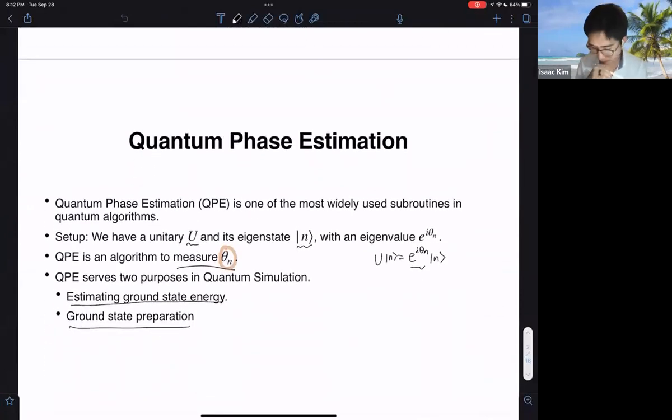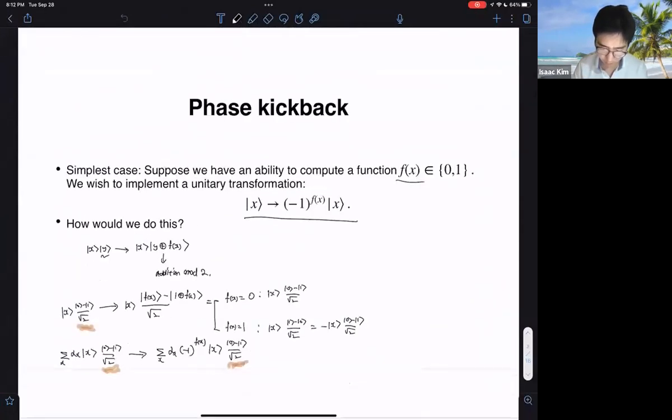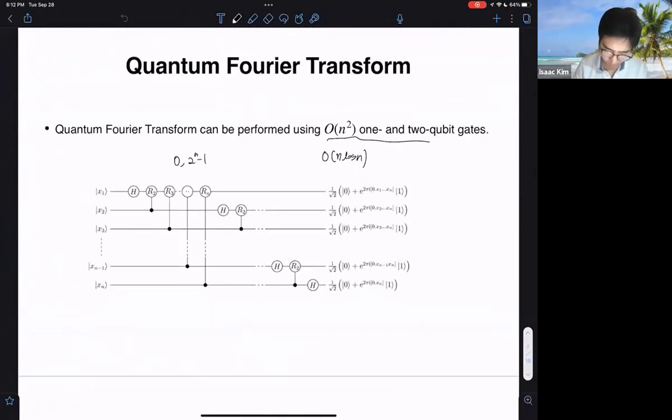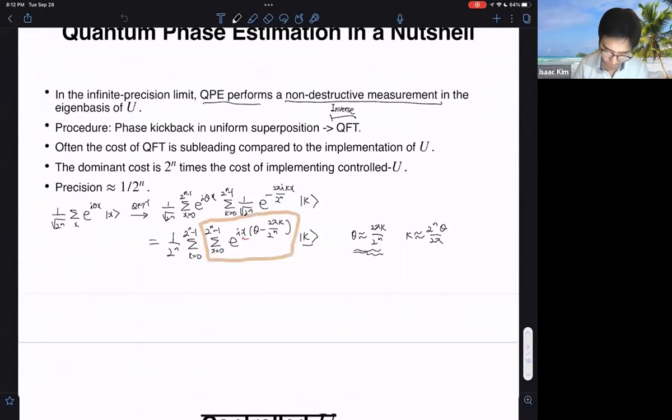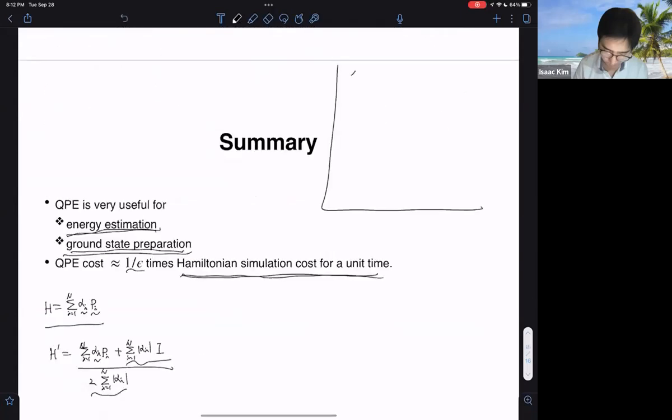1 over epsilon squared and 1 over epsilon. But 1 over epsilon squared is actually much easier to explain. I'll do this in this corner.